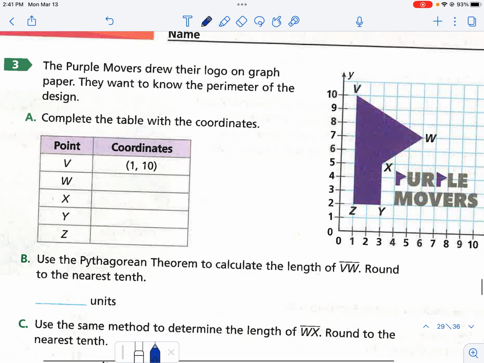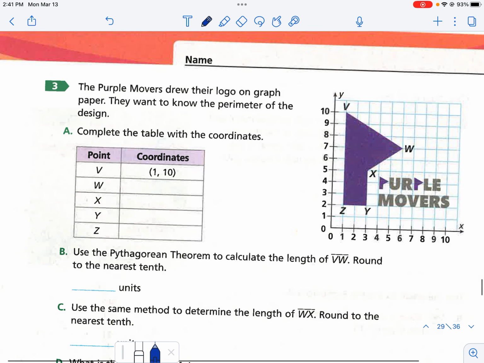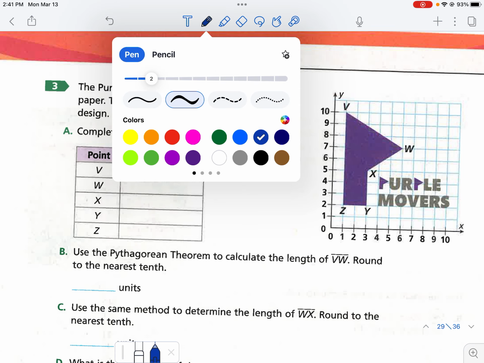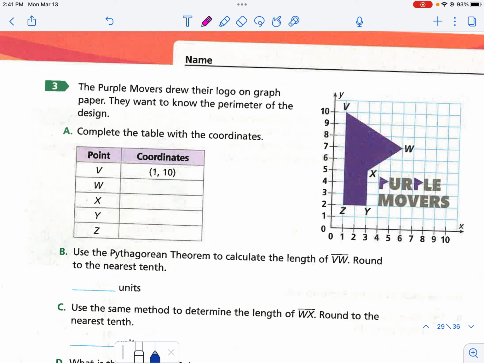So over here, we're going to do the exact same thing, but this time we have a bunch of different things going on. So I'm going to read the directions. It says the purple movers drew the logo on the graph paper. They want to know the perimeter of the design. Okay, so as we're doing this, let me pick a different color. And let's look at this.